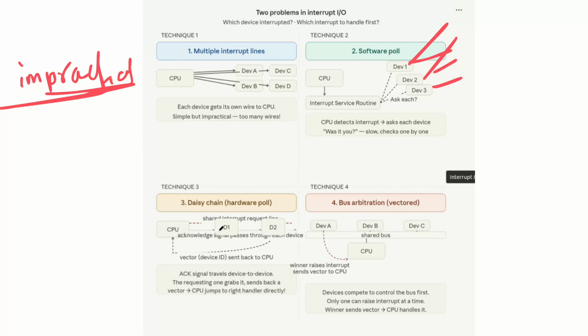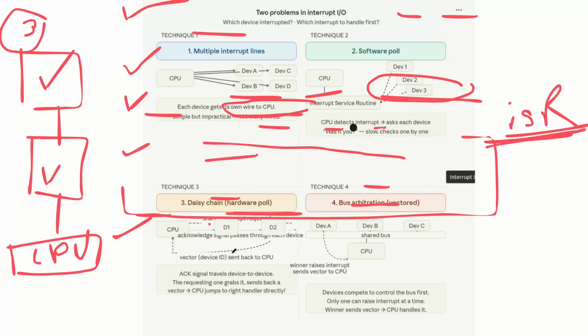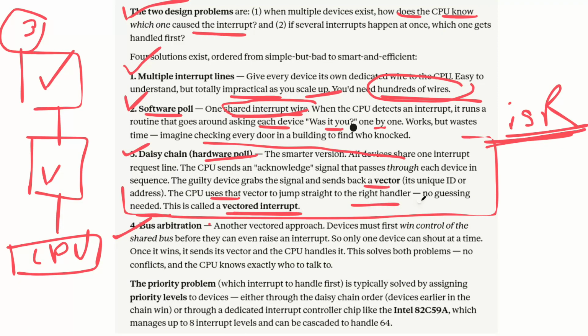The guilty device which caused the interrupt sends back the vector signal. When the vector signal reaches the CPU, it can do whatever is needed, right? So this is also called vectored interrupt.